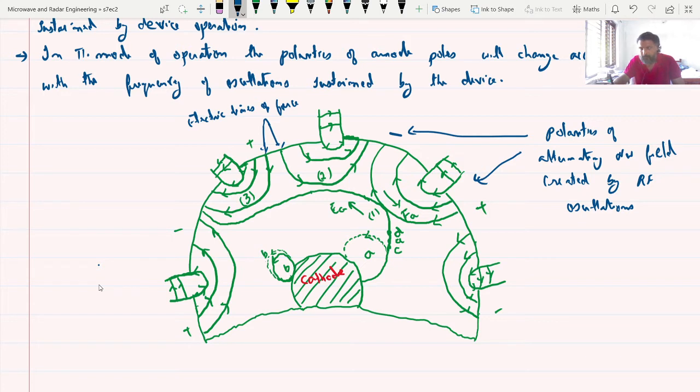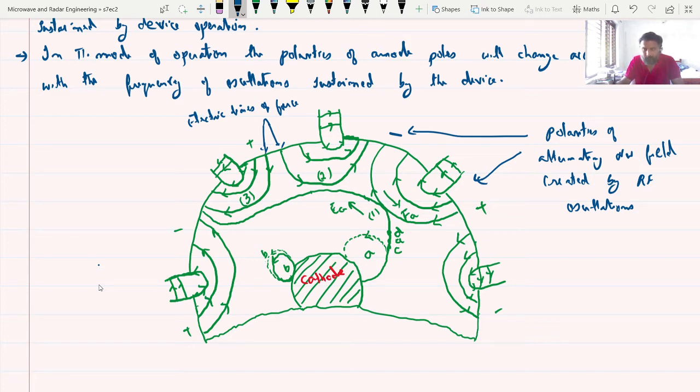The presence of the RF field leads to a tangential component of the electric field. You can see the tangential component of the electric field. So what happens at position 1, and you can see positions 1, 2 and 3 indicated, is that the tangential component of the RF field opposes the motion of electron A and it is retarded. Electron A then delivers some kinetic energy to the microwave field and slows down.